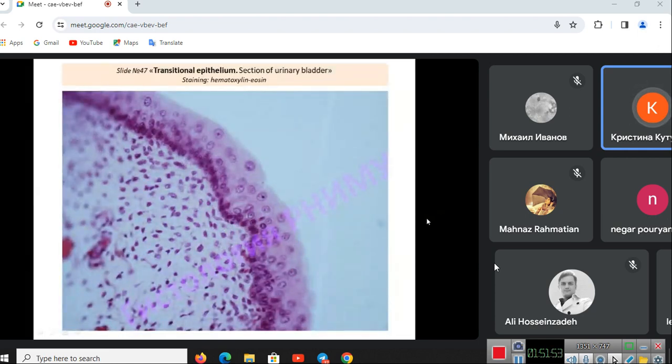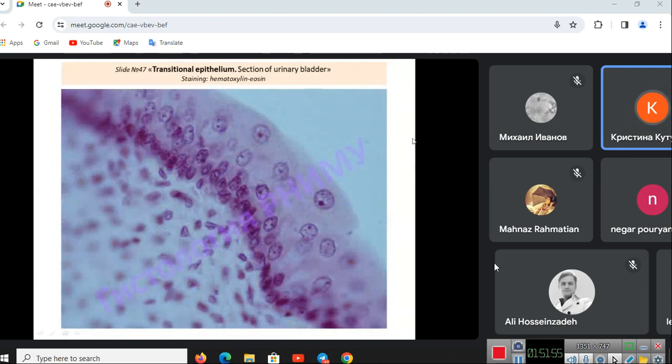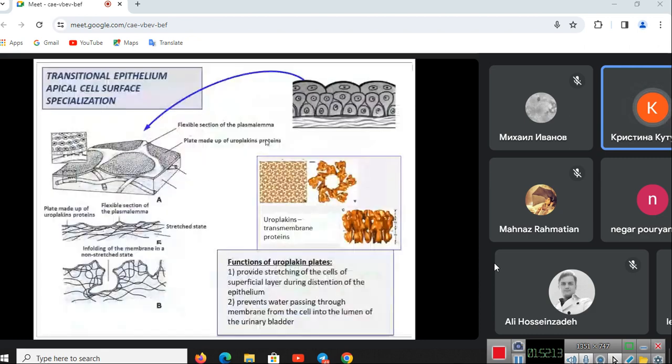The same as here. But always the shape of cell nuclei in the superficial layer is round, unlike stratified squamous keratinized and non-keratinized epithelia, where we have flattened cell nuclei in the superficial layers.